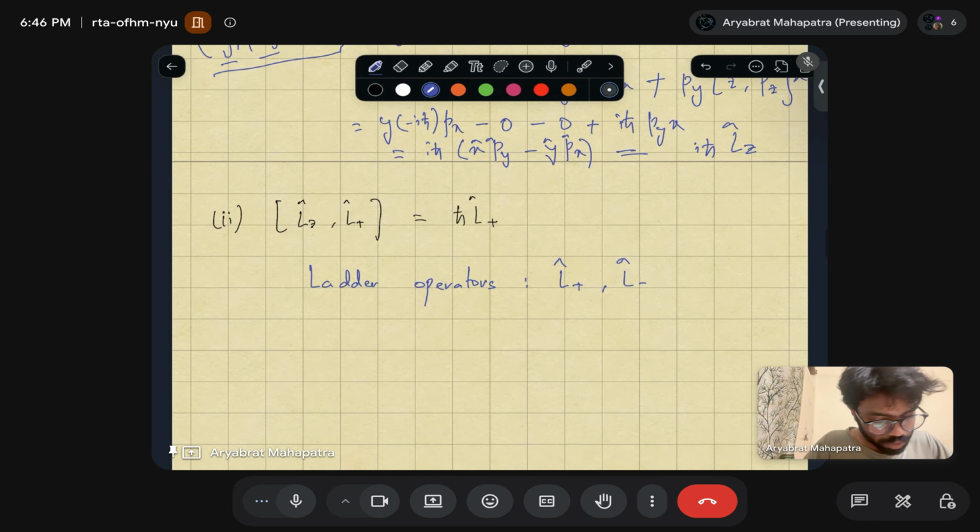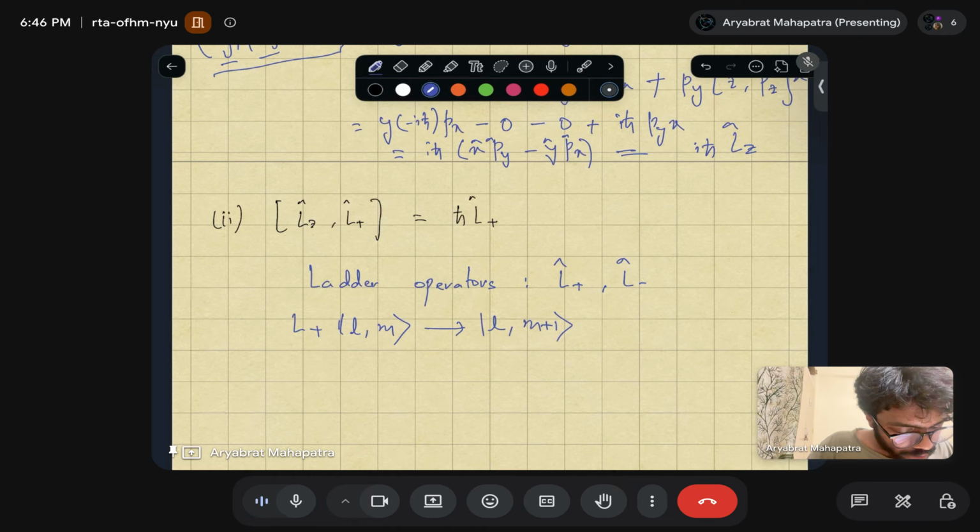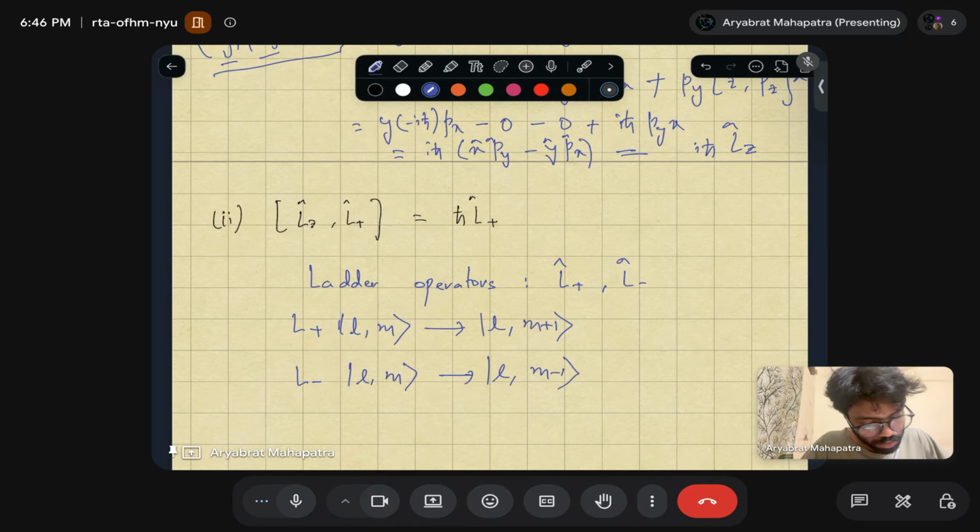As we are talking about orbital angular momentum, we deal with these L and M states. If you operate L plus, it will take you up to L, M plus one, and if you apply L minus, it will bring you down to L, M minus one.